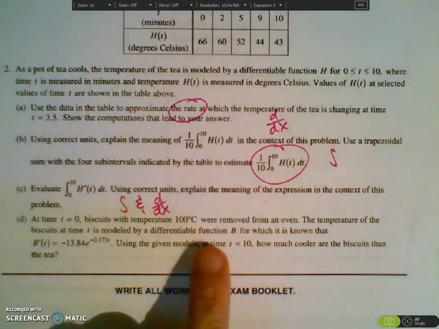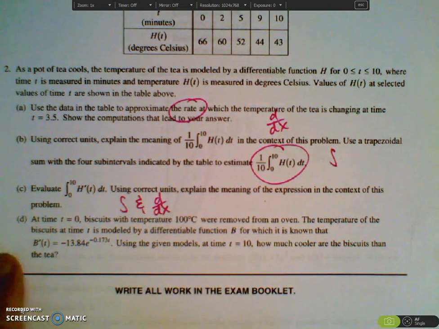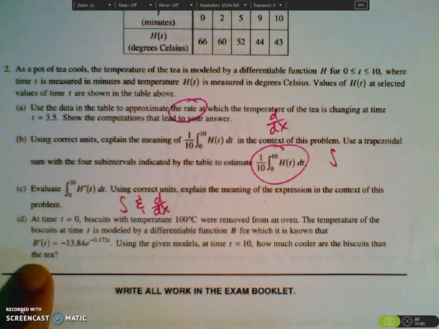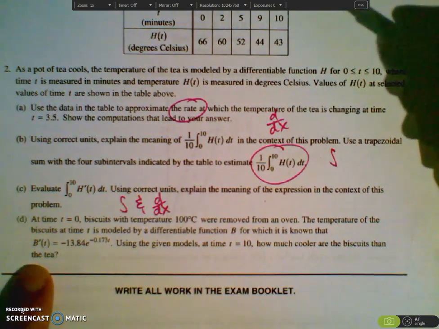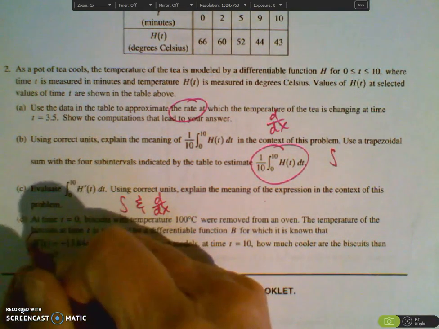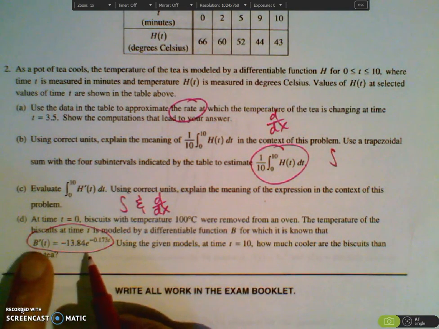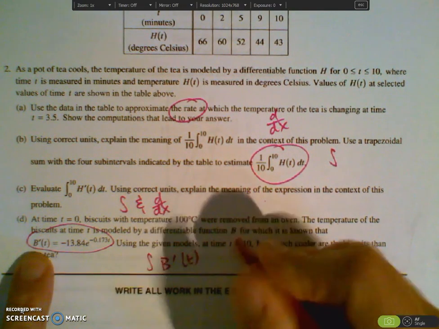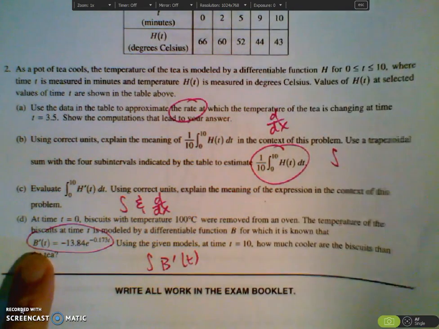Part D, I'm given a rate and trying to figure out how much cooler the biscuits are than the tea. So I have the temperature of the tea given. I would have to find the temperature of these biscuits, and since they gave me B prime, I'd have to integrate in order to get the temperature of the biscuits. So this is an integration problem. Let's keep going.